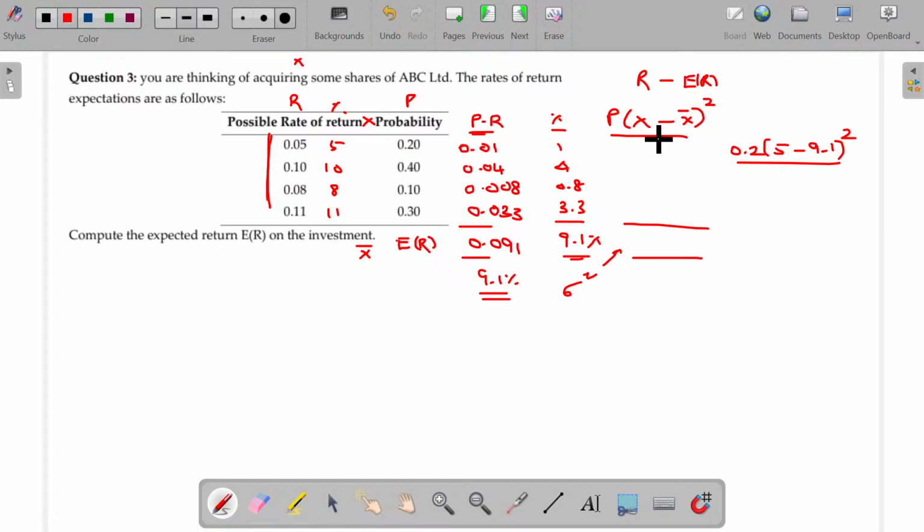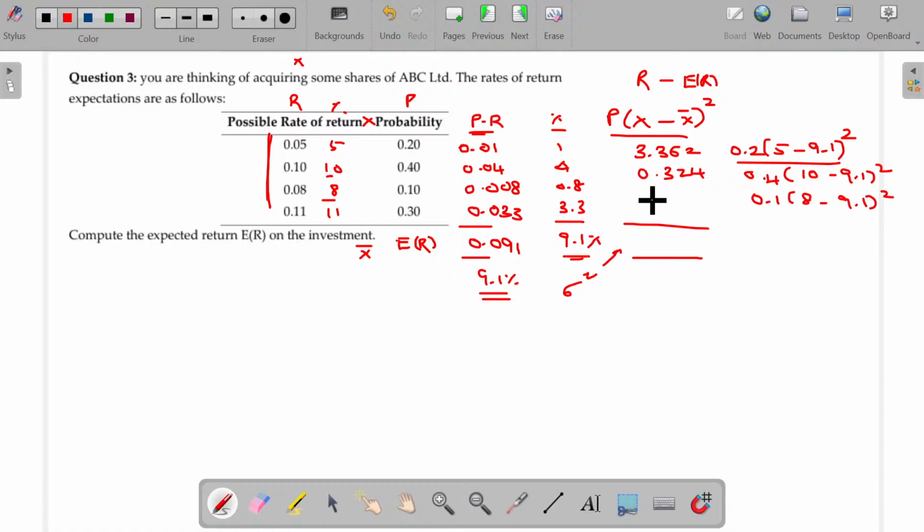I think this value being 3.362. Similarly, next one, probability being 0.4 and 10 percentage minus 9.1 to the power 2. This value being 0.324. Next, 0.1 into 8 percentage minus 9.1 to the power 2.